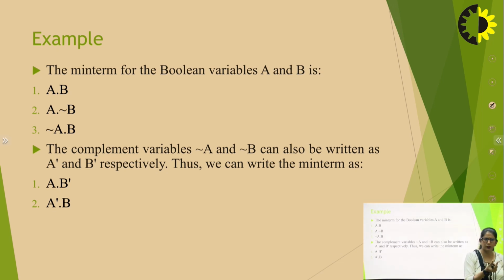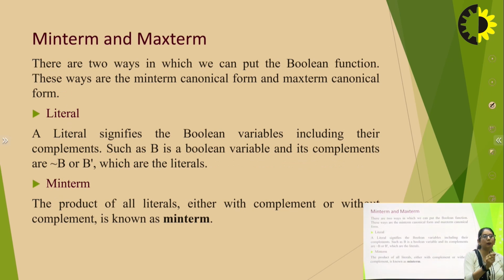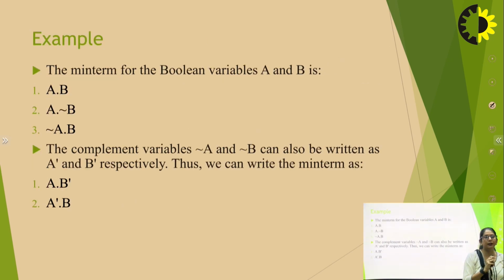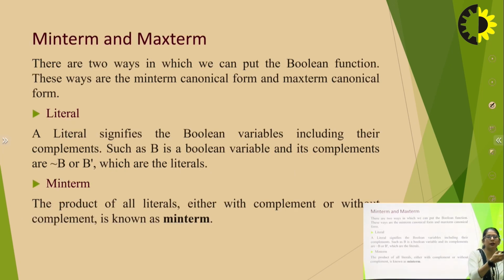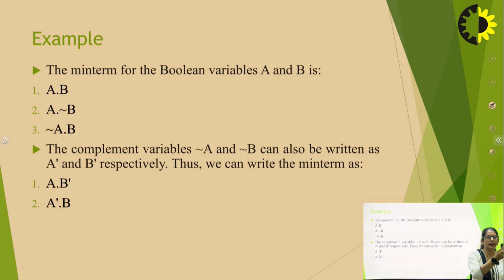See here, the minterms of the Boolean variables A and B. If you have just 2 variables A and B, then what are the possible minterms? Like A dot B, because what we say in the minterm is the product of the literals. How many literals do we have? A and B. So the product of the literals will possibly be A dot B. And a literal signifies a variable including its complement.